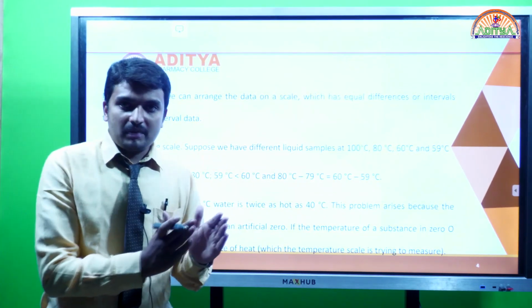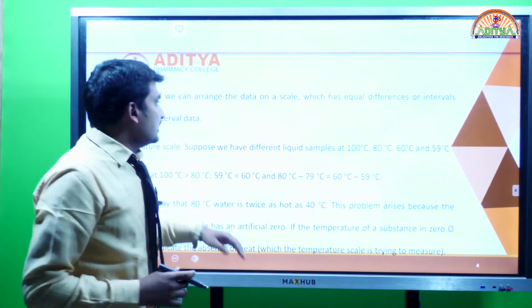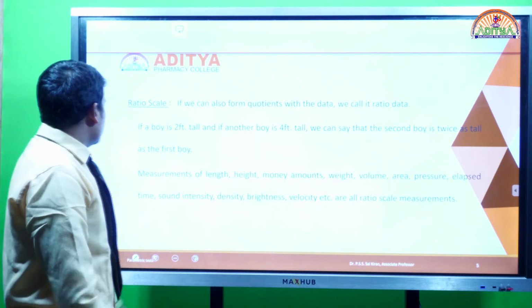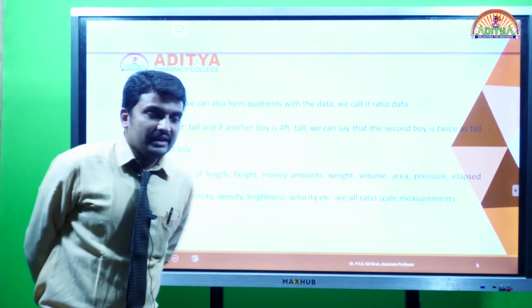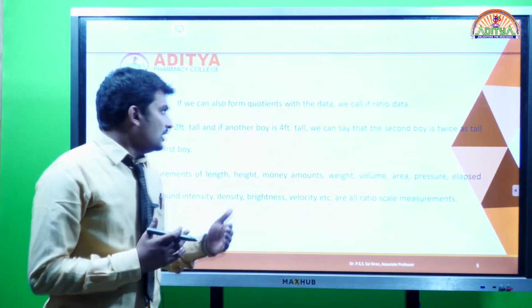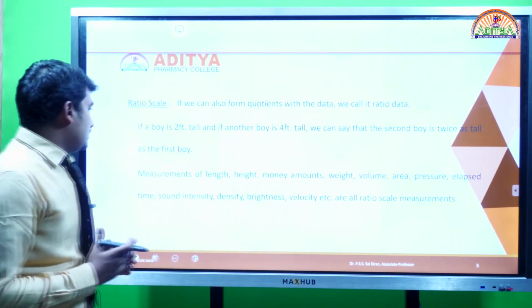Here temperature is common and the Celsius is common, but the range is different. Therefore this kind of data is called interval data. And there is another scale, the ratio scale, which we all know. If we can also form quotients with the data, we call it a ratio scale.